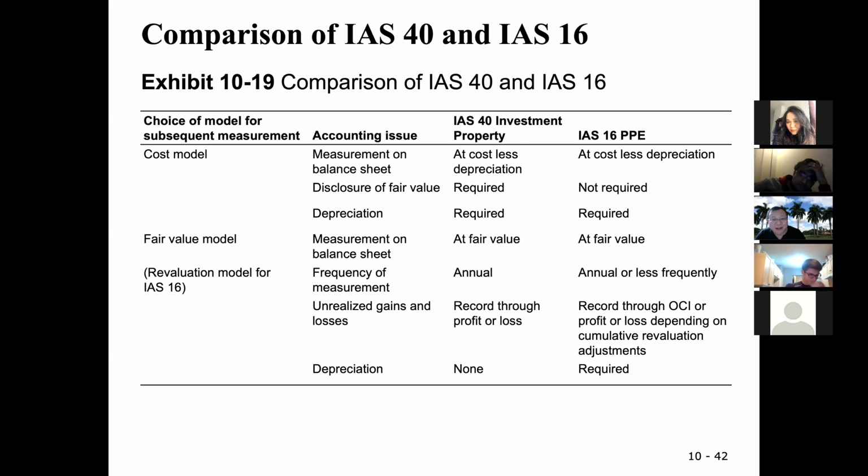Now let's compare IAS 40, which is for investment property, and IAS 16, which is for PPE. For the cost model, there is no difference for investment property: cost minus depreciation. For fair value disclosure, for investment property you have to disclose the fair value.